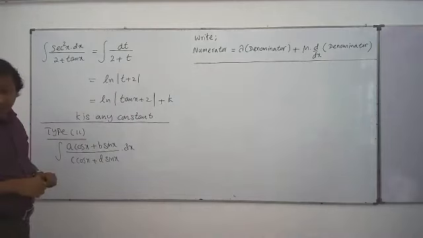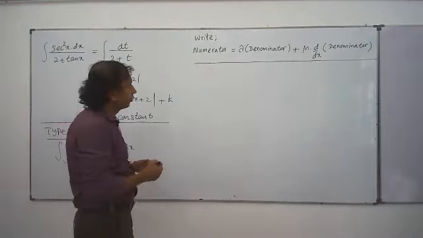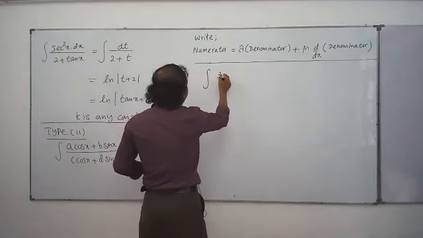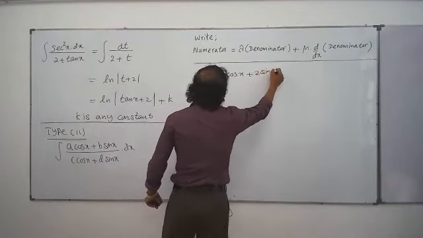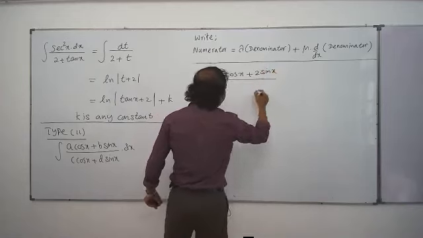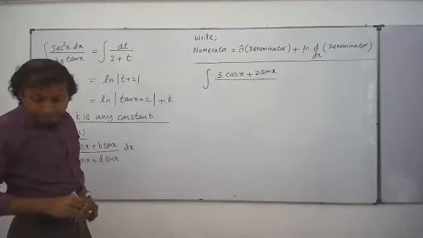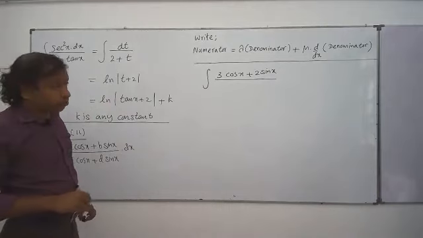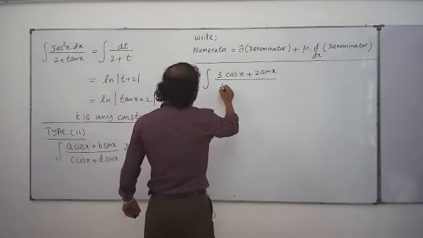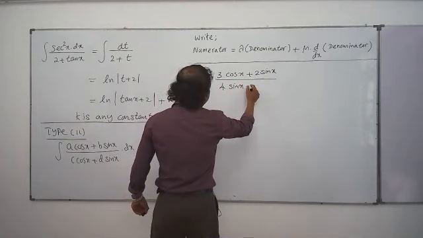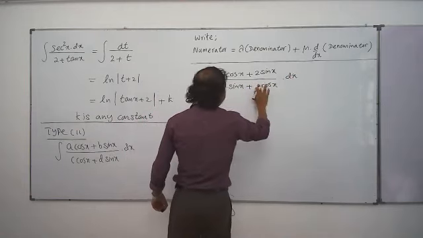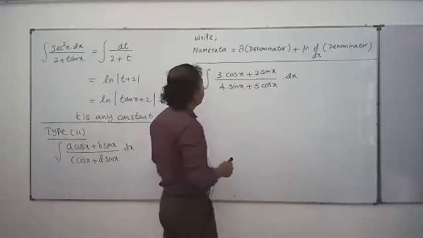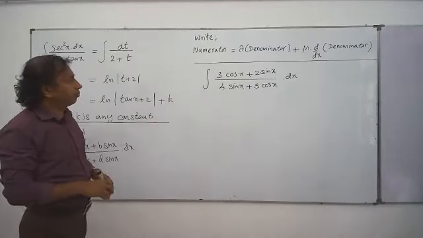Right, now we'll come to one question here, people. The integral of 3 cos x plus 2 sin x divided by 4 sin x plus 5 cos x dx. This is the question.